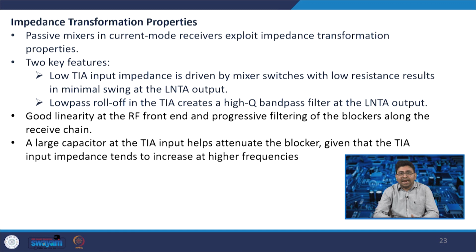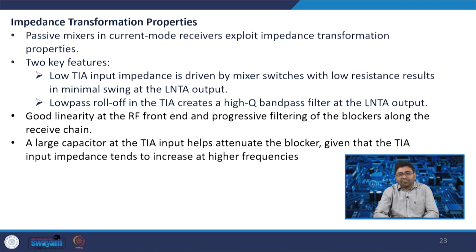Good linearity at the RF front end and progressive filtering of the blockers along the receiver chain. A large capacitor at the TIA input helps attenuate the blocker, given that the TIA input impedance tends to increase at higher frequencies.